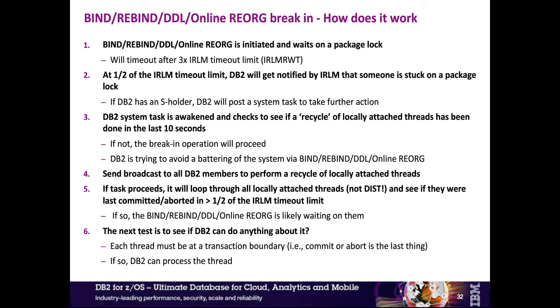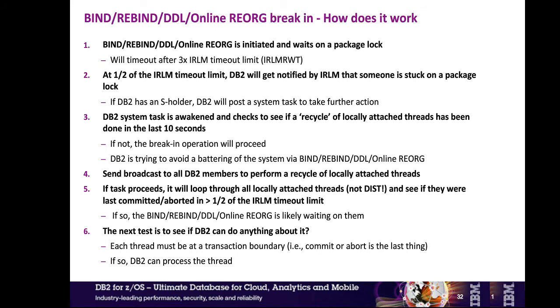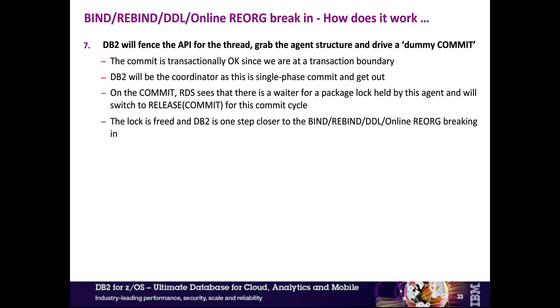Now let's look at step 7 on slide 33. At step 7, DB2 will fence the SQL API for the thread, grab the agent structure, and drive a dummy commit. This commit is transactionally okay, since we're at a transaction boundary, and we previously checked that the last thing done on that thread was a commit or a rollback.